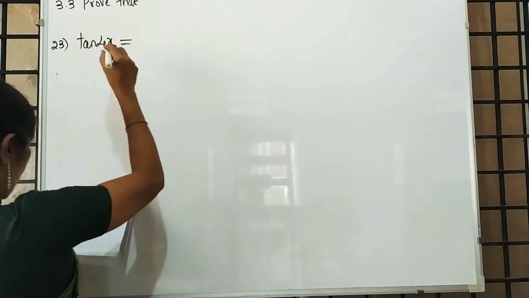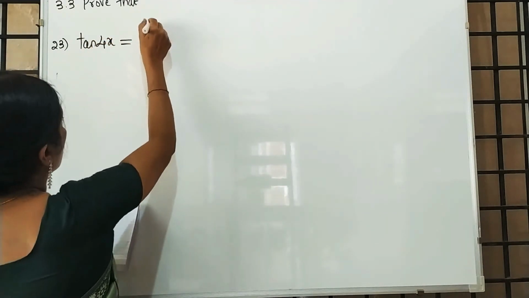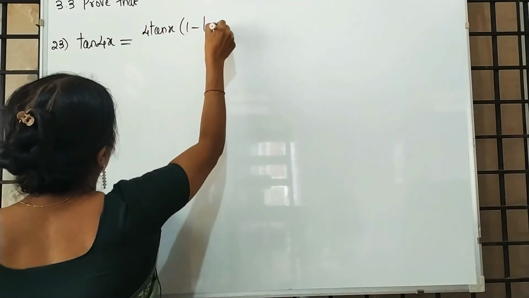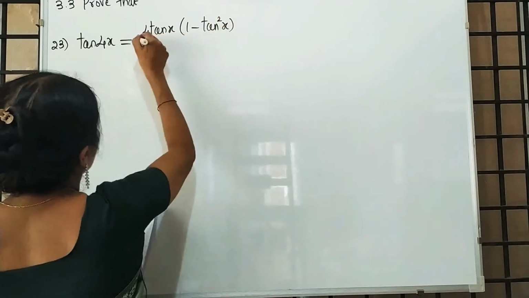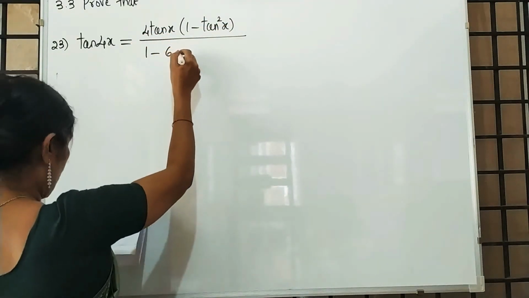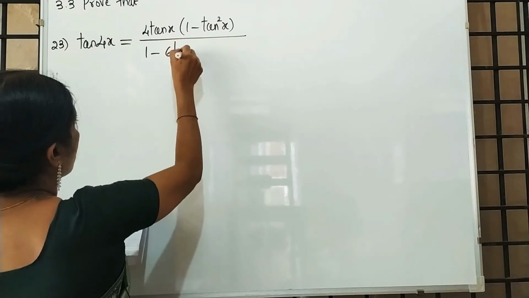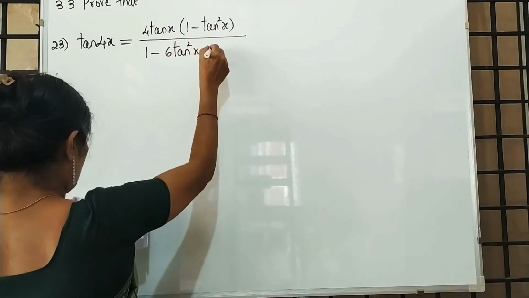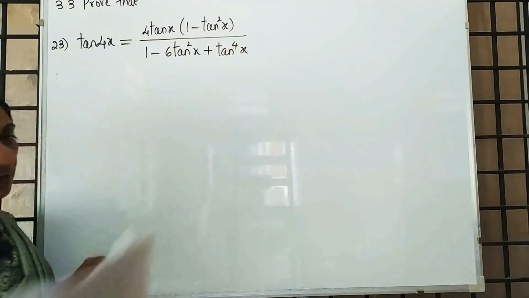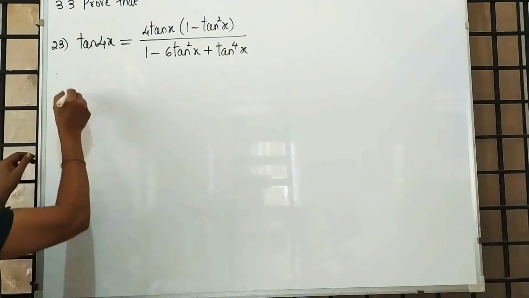Tan 4x is equal to 4 tan x in the bracket of 1 minus tan square x divided by 1 minus 6 tan square x plus tan raised to 4x. So write down the LHS.